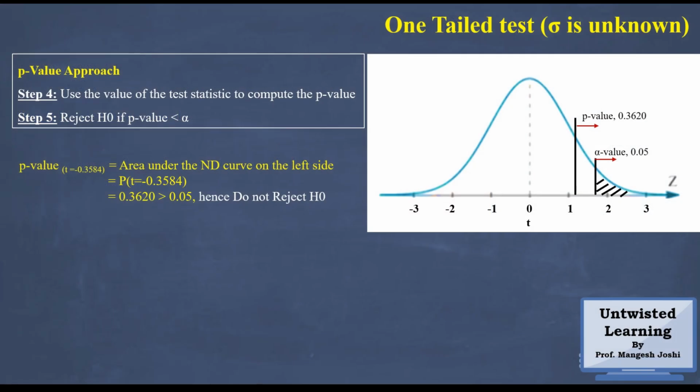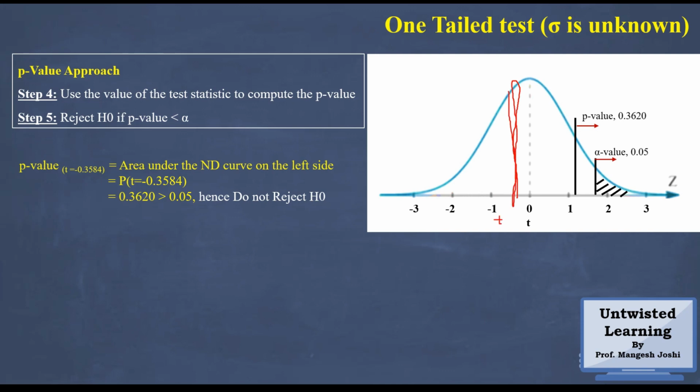Using the p-value approach, the area under the curve on the left side, right? So you have to find the p-value at t equal to minus 0.3584. So it will be somewhere here.